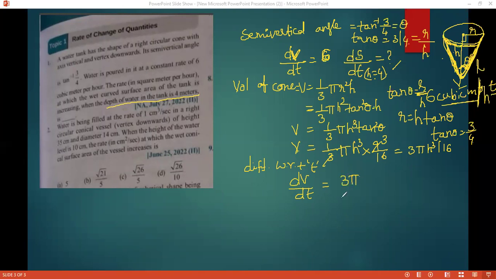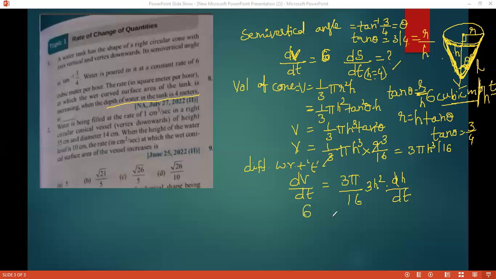So 3 pi by 16, I am keeping the constant outside. And then can I differentiate this h cube, because h is the variable and these are constants. How do you differentiate 3 h cube? 3 times h square into dh by dt. Now what is dV by dt? dV by dt is going to be 6, right?